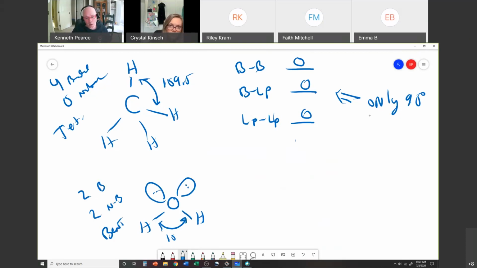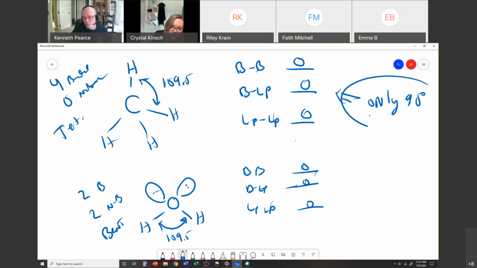Well, it's about 109.5, all the way around. So once again, bonded, bonded, bonded lone pair, lone pair, lone pair, 0, 0, 0 all the way down. Because what does it have to be? 90 degrees. Now, I'm just showing you this for the purposes of the lab.